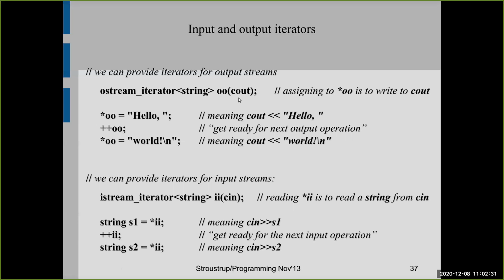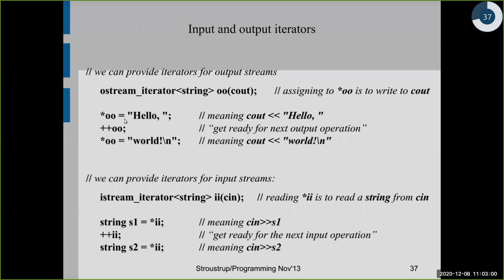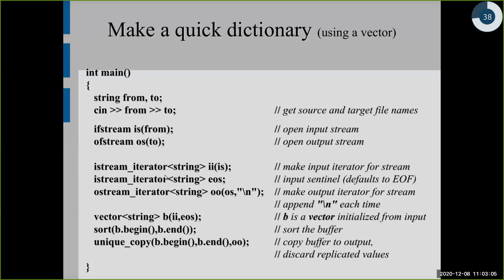Okay, for this purpose it makes no sense, but we can use it here. So here I associate, I create two files, so two streams which are connected with files. So an input stream and an output stream. And similar to the ostream iterator and istream iterator, I create two streams.